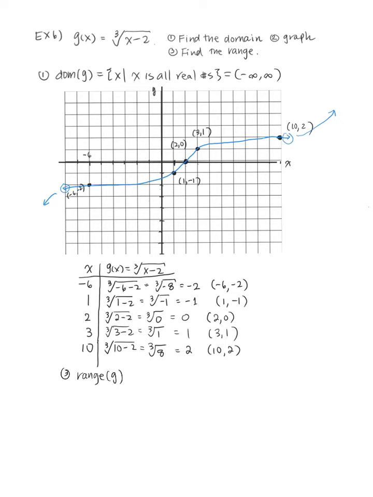When you look at the graph from the bottom upward, remember, this tail end is going to keep going down and down towards negative infinity. So our starting, quote unquote, point would be negative infinity.